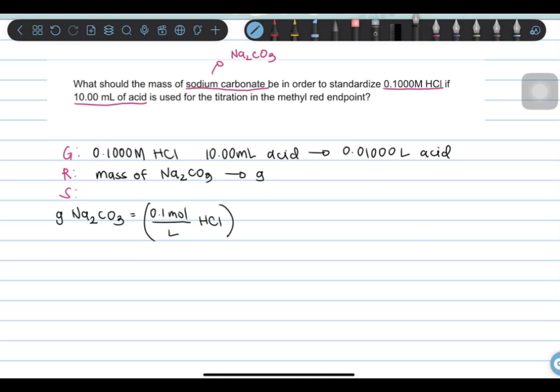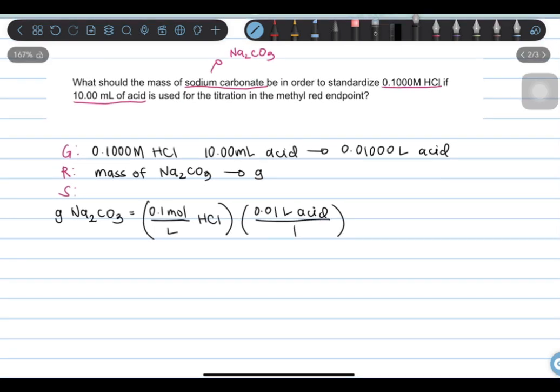So we have to cancel the units of liters, so we can use the acid. So we have 0.01 liters of acid over 1.